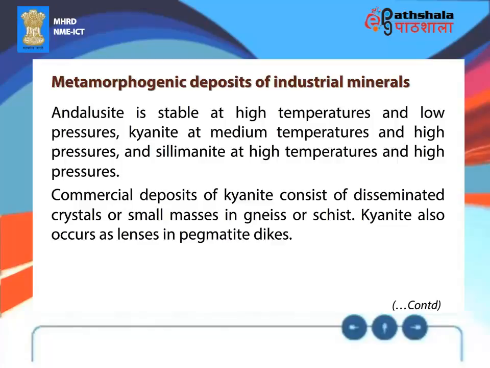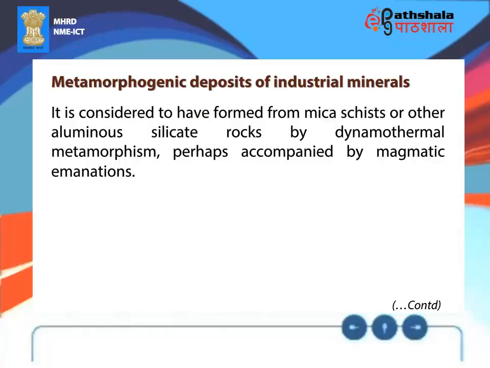Commercial deposits of kyanite consist of disseminated crystals or small masses in gneiss or schist. Kyanite also occurs as lenses in pegmatite dikes. It is considered to have formed from mica schists or other aluminous silicate rocks by dynamothermal metamorphism, perhaps accompanied by magmatic emanations.